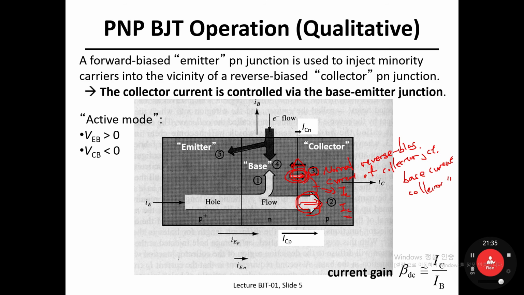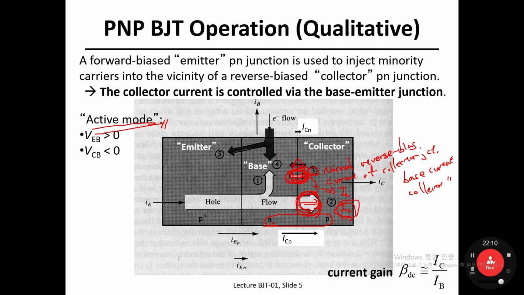However, don't forget there is a very tiny amount of saturation current as well, because in active mode this base to collector region is reverse biased, so a very tiny amount of saturation current can contribute to the collector current. But this amount is too small to take into account, so just ignore it. Number 2 is the main one in composing the collector current.